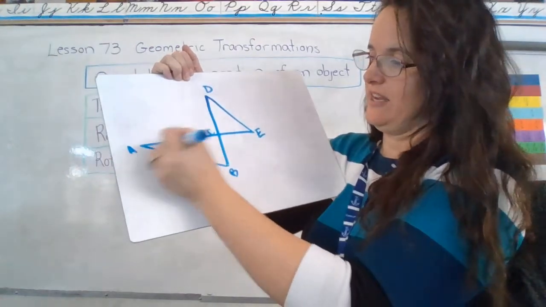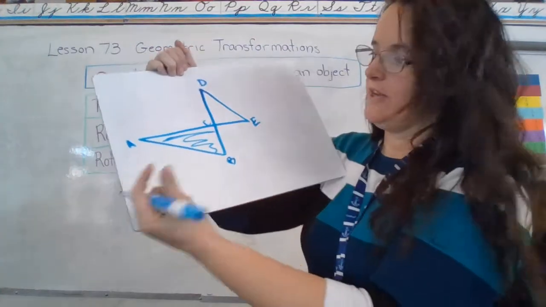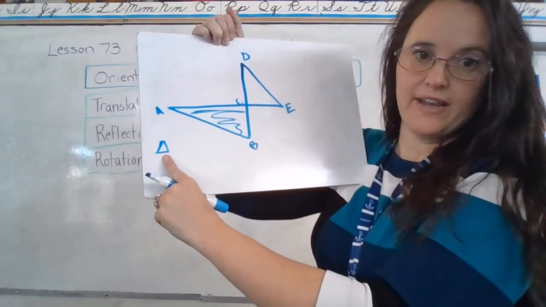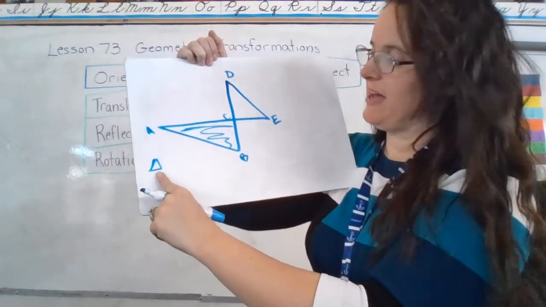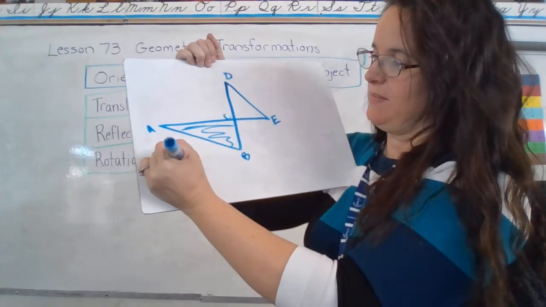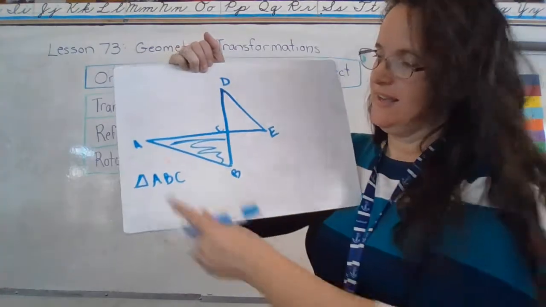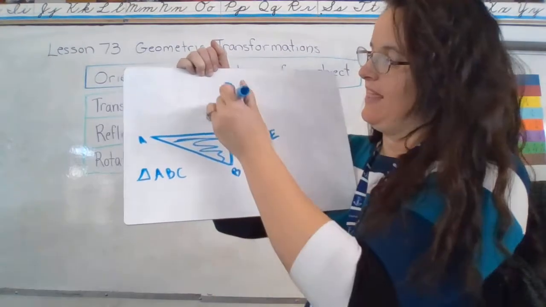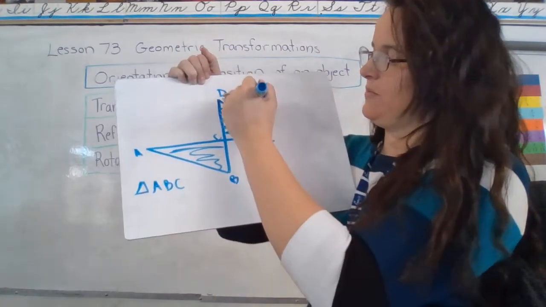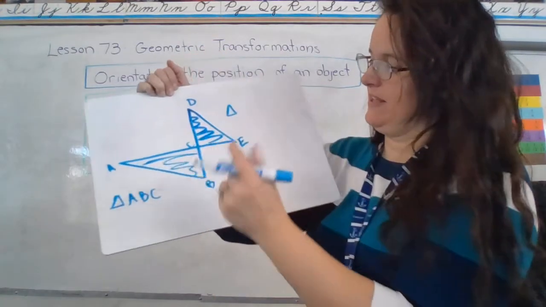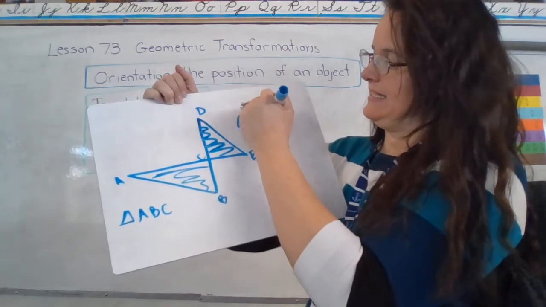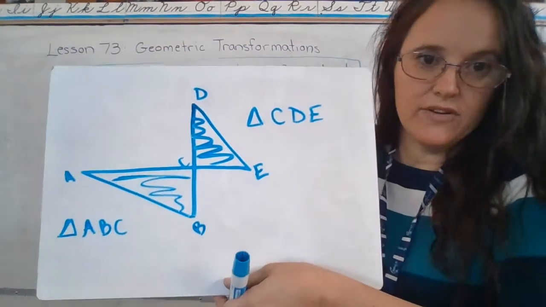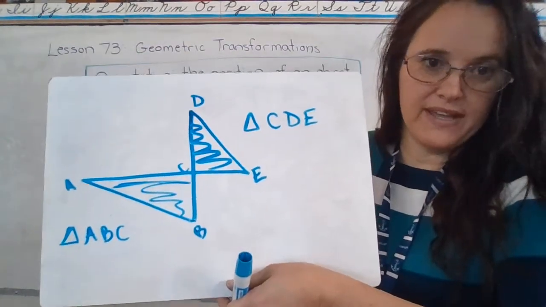This triangle here would be named triangle. So we draw a little triangle to show that's what shape we're talking about. A, B, C. See, triangle A, B, C. This triangle here would be triangle C, D, E. So we name triangles by their 3 points.